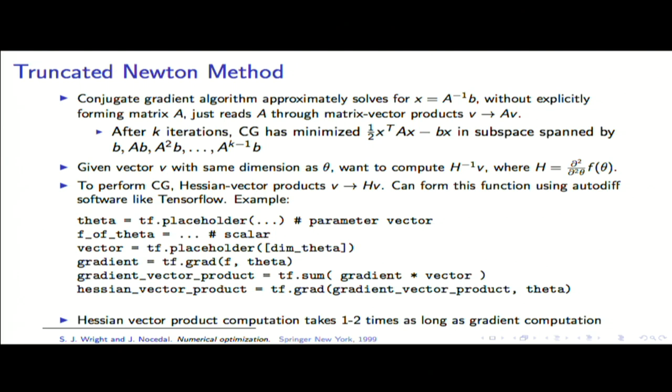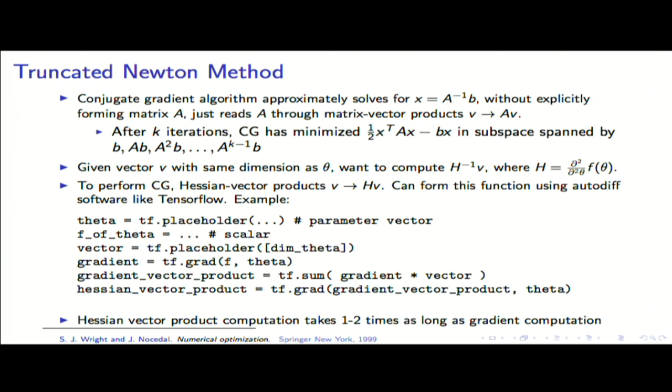I won't go through the whole conjugate gradient algorithm. I'll just say that after k iterations, it has minimized the quadratic form 1/2 x transpose Ax minus bx in a certain subspace, which happens to be the subspace spanned by b, Ab, A squared b, and so on.